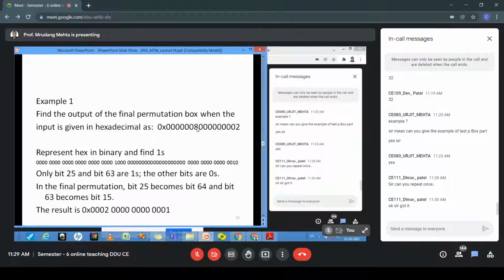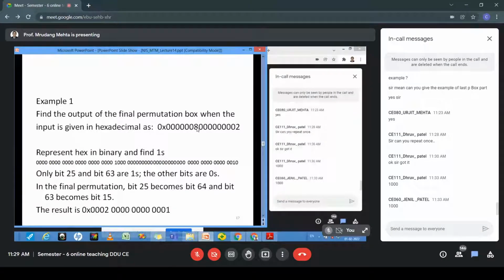What is the equivalent of 8 in binary? 1000, right? So that is the 7th 4-bit group, 1000.